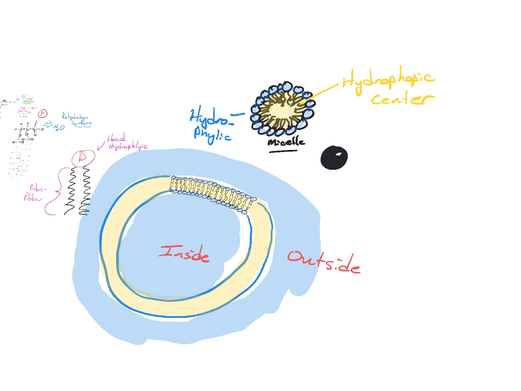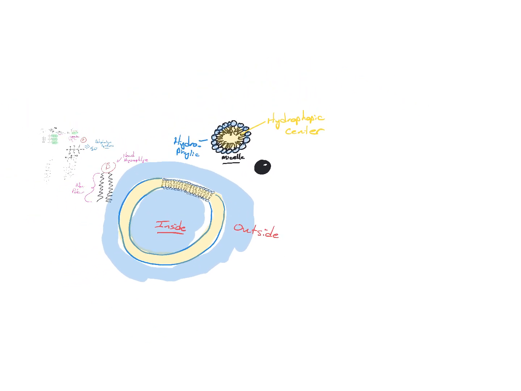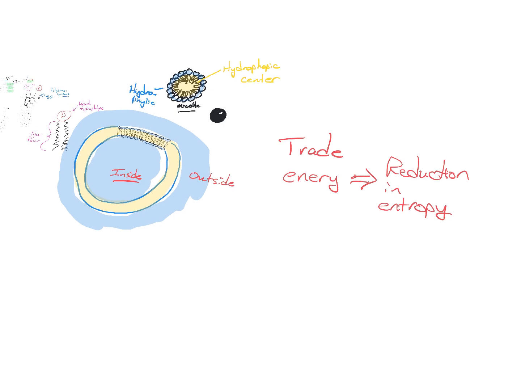This allows life to happen because now you can trade energy for a reduction in entropy. The universe wants to be random.